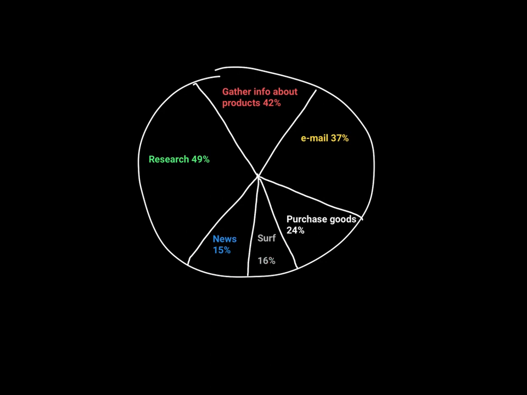That adds up to 183%, which is way over 100%. So in this case, they should have used a different type of graph, not a circle graph, to display the top 6 reasons why Americans use the internet.